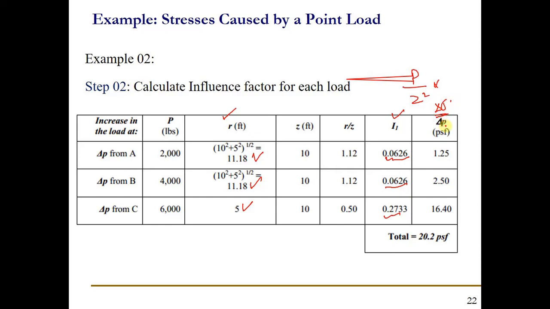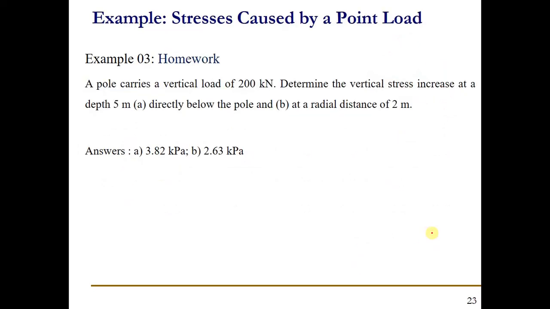Here the notation is different, delta P, but this is the equation which you can use to find out the delta sigma. And the total delta sigma due to those three loads at A, B, and C, we will get 20.2 pounds per square feet.